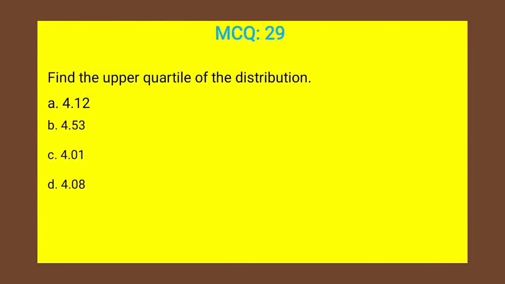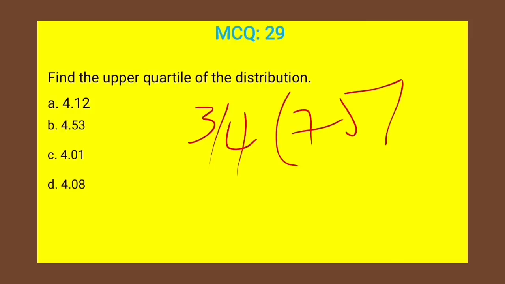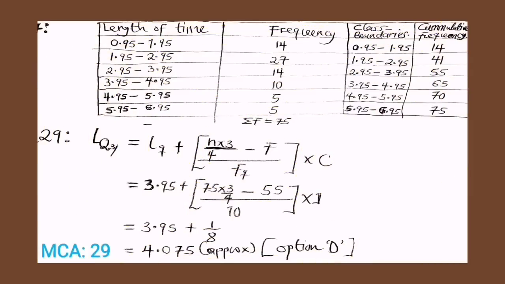Then the upper quartile is going to be 3 over 4. That is 75% of the data set to determine the position, right? So the same thing is going to be here. As I've indicated here, it's going to be n multiplied by 3 over 4, and that's what we are having here.